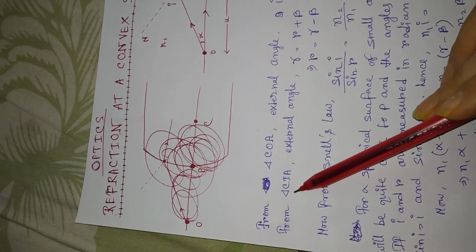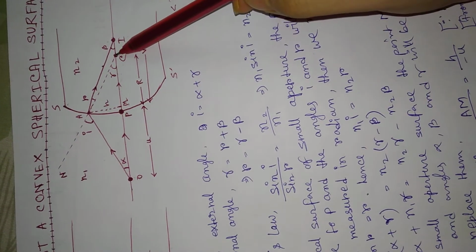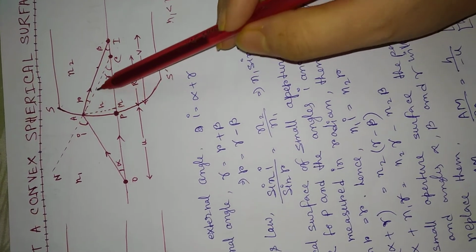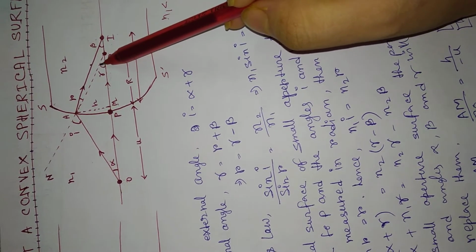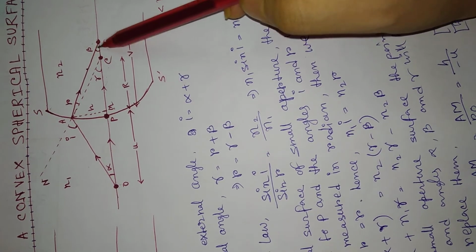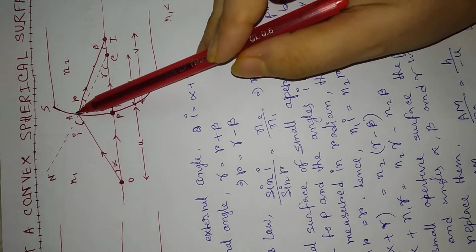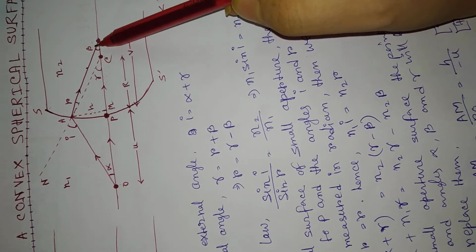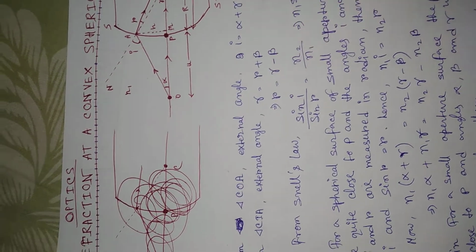And from triangle CIA, this is the external angle, so gamma equals the sum of the two opposite interior angles. We can write gamma equals beta plus r.